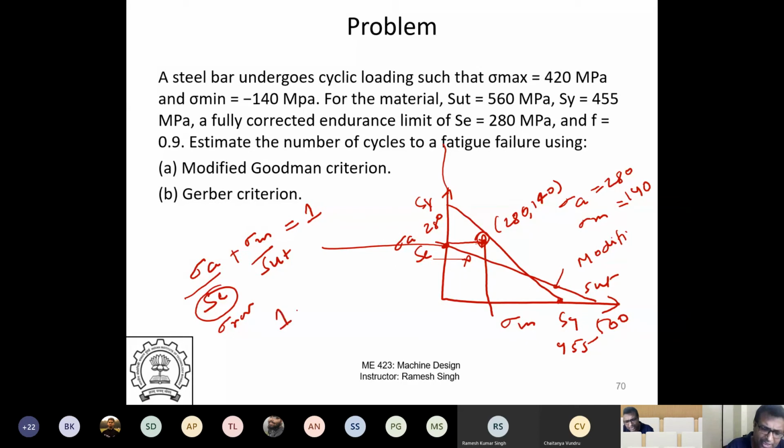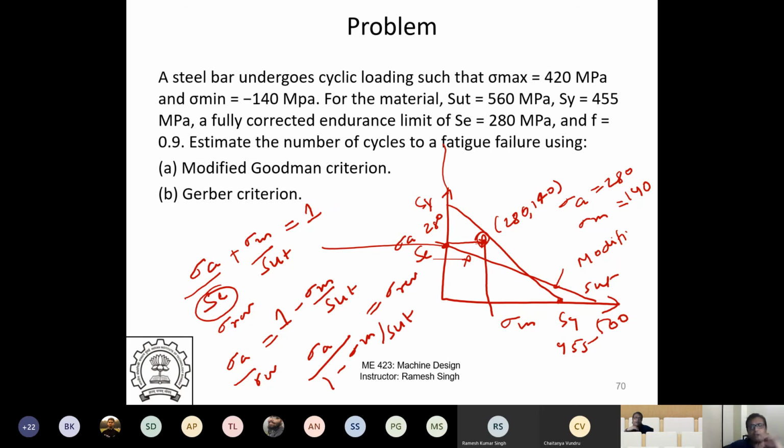So I will have 1 minus sigma M by SUT is equal to sigma A by sigma rev. So I can say sigma A divided by 1 minus sigma M by SUT will give me some estimate of sigma rev from the modified Goodman relationship. I can do this similar thing for different relationships. I can just fudge this endurance limit SE with sigma rev and get that thing.